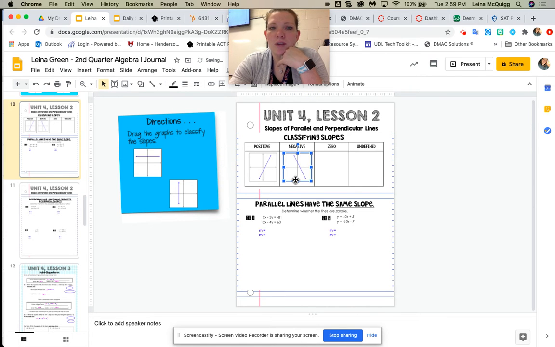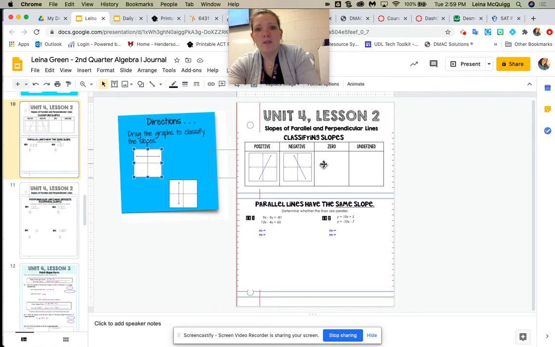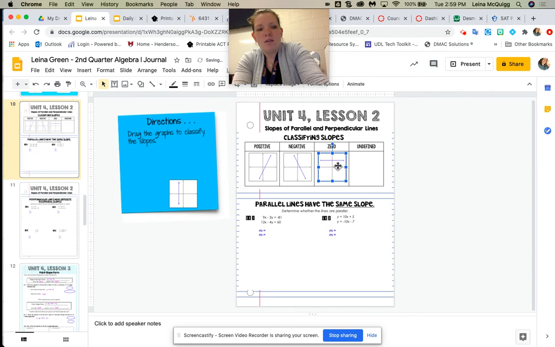Again, if you remember Slope Man, you can draw him and help you remember. A zero slope means that there's no incline or decline at all. So it's just flat. It's like walking across the floor. It doesn't take any effort. So that's 0.